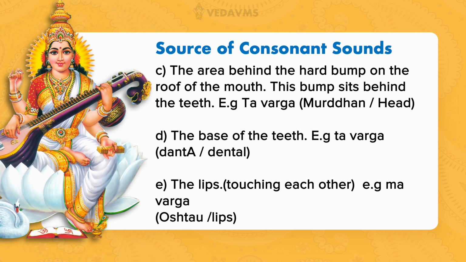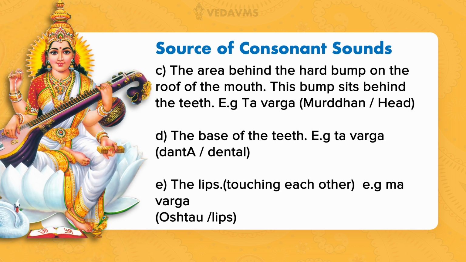So when you say ta, it touches, and as you open and say ta, a part of the air is thrown from the mouth, and also the sound reverberates towards the head when you say ta, dha, na. So as the sound reverberates through the head area, this varga is called murdhanya in Sanskrit, or cerebral in English.